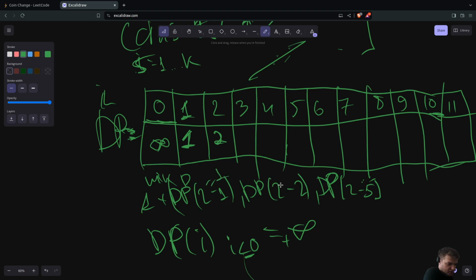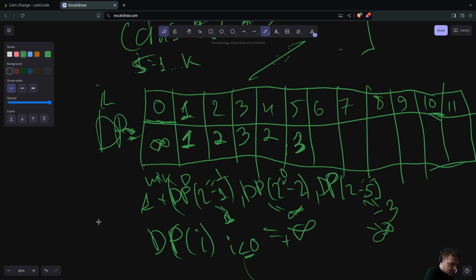This one 1, this is going to be 0, this is going to be minus 3, so infinity, infinity, and then here 1, and I need 1 plus 1. Here 3, here 2, here 5. So the minimum is going to be 2, and it's going to be 3.